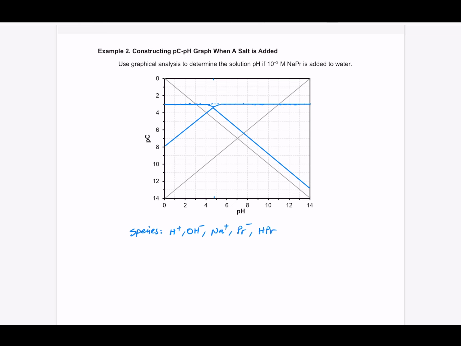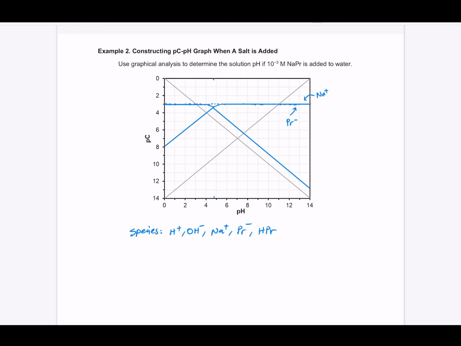It's basically constant. So this part would be Pr minus. This line is also, or let's just put it on the other side, Pr minus. This is always sodium. The sodium line is just like that.